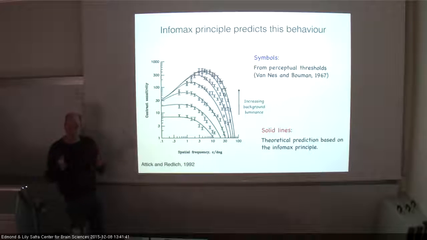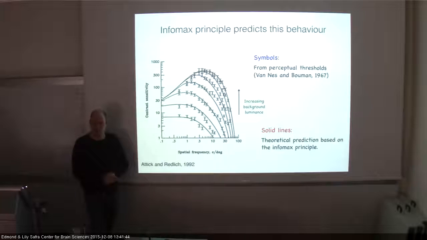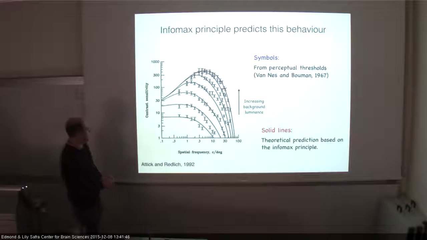They come up with a theory for maximizing information by the retina, and as we will see later in the course, this theory predicts that the structure of receptive fields should change as we go from low to high light intensities in a way that matches the physiology.